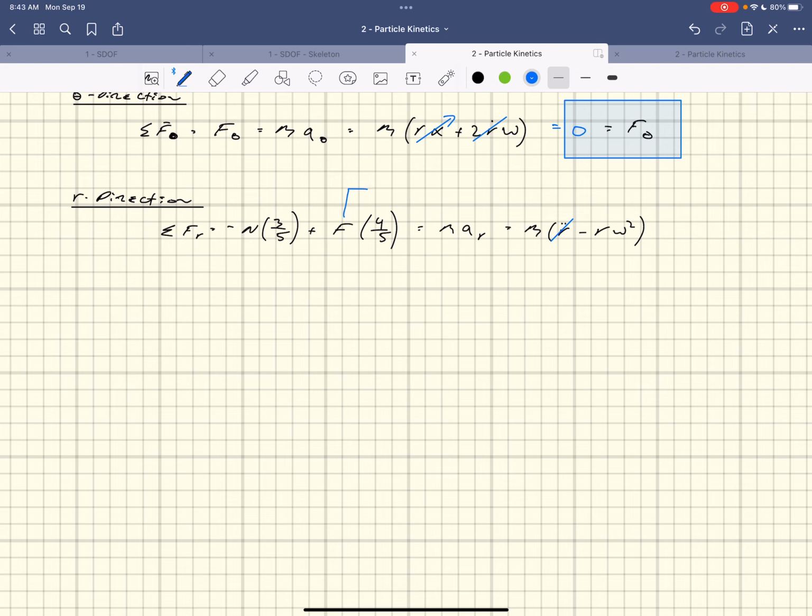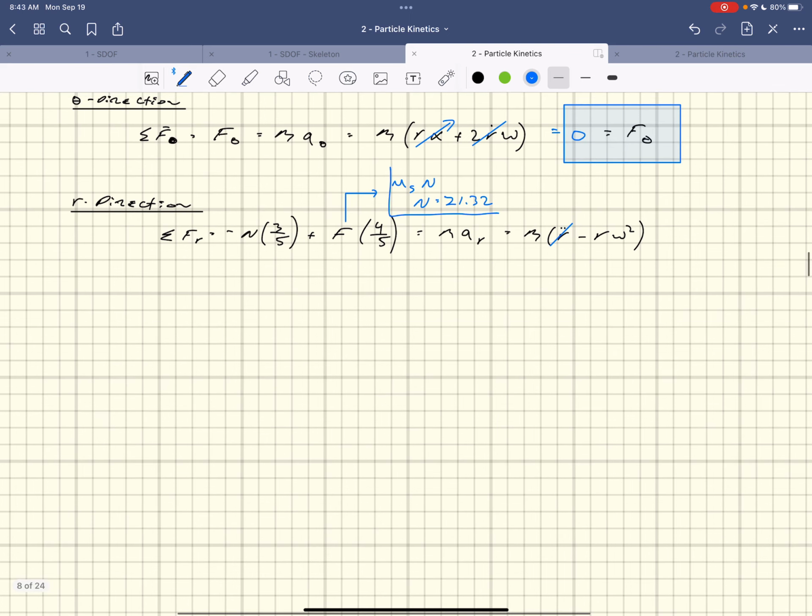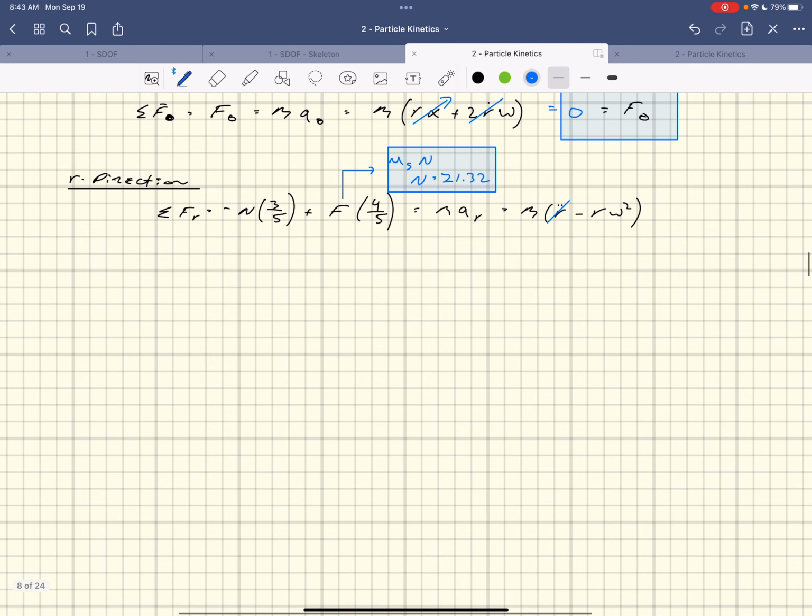This right here, that friction force, again, is a function of the normal force. U static times the normal force. The normal force is equal to 21.32. You plug that normal force into the N there.